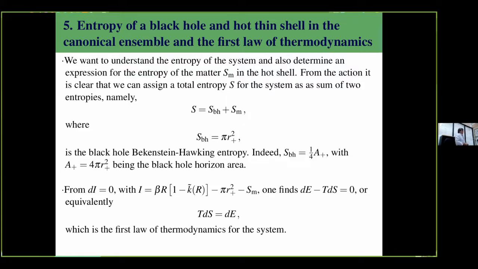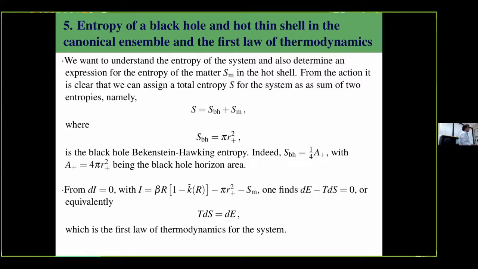And from the stationary principle for the action, recall that the action was this, one actually finds that this is constant, this is E, so this is dE, this is S. You get d beta dE minus dS is equal to 0. Beta is 1/T, so dE minus T dS is equal to 0. And so we get immediately from this formalism the first law of thermodynamics for the system.